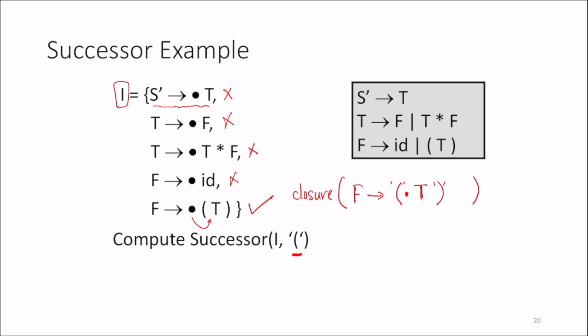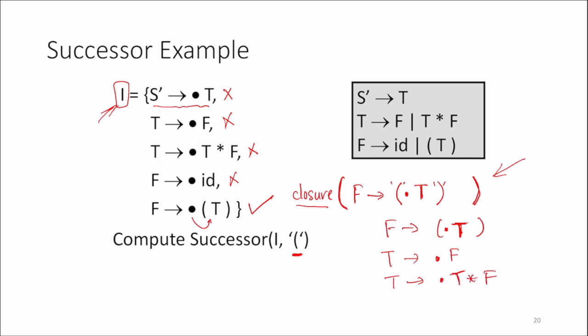These parentheses are the inputs, and this parenthesis is a parenthesis for the function closure, just to be clear. So when I compute the closure of this, I start with F goes to dot T. I predict all of the T rules, just like I did when I constructed I. T has 2 different rules: T goes to dot F, T goes to dot T times F. So I've done all of the T rules.